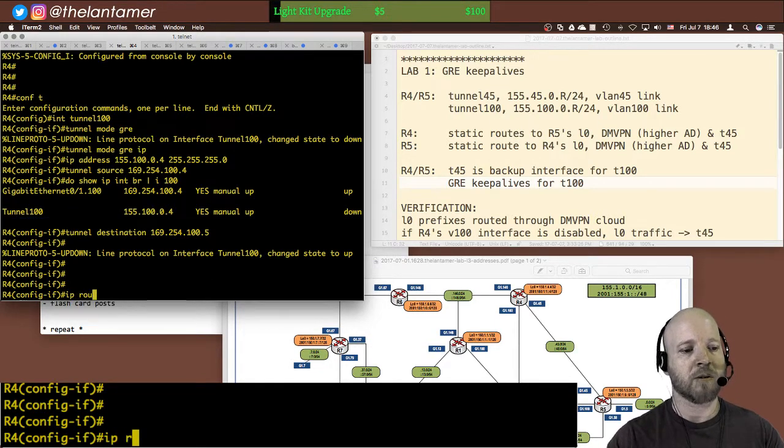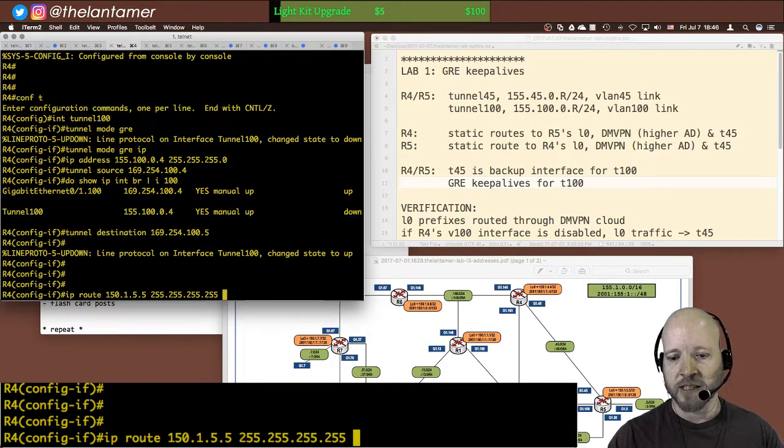So I'm going to do IP route. And in this case is 150.1.5.5/32, and the next hop here is going to be, all right, we're going to have 2 routes.